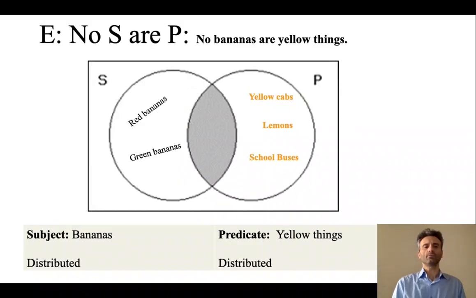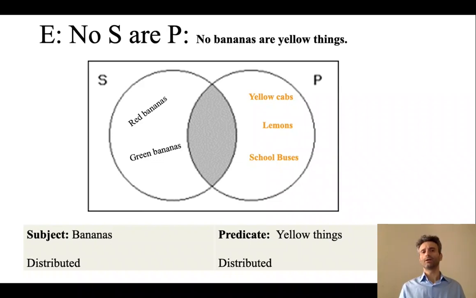Let's look at the E form. The E form is very simple. Since I state no bananas are yellow things, how many bananas are members of bananas and are not members of yellow things? How many of them?